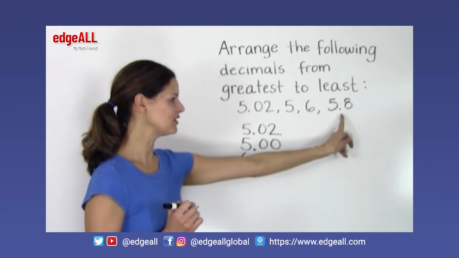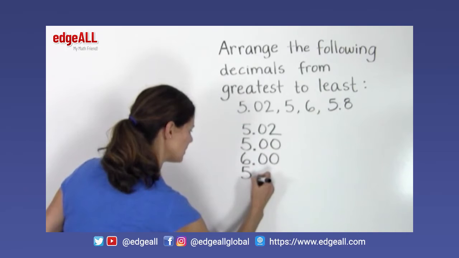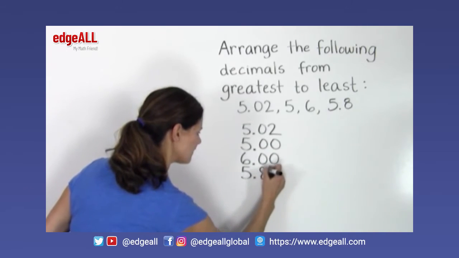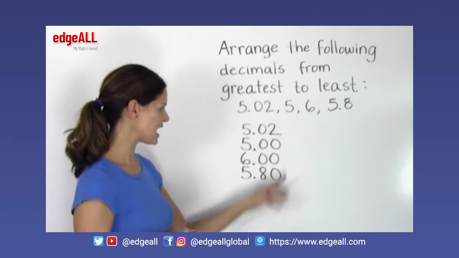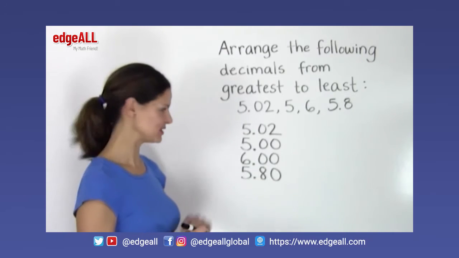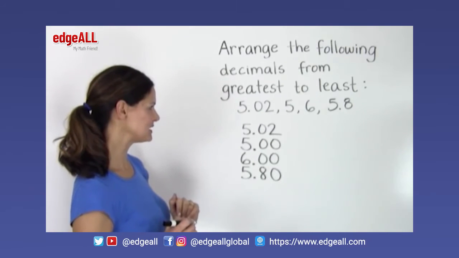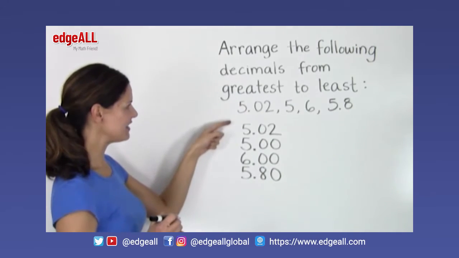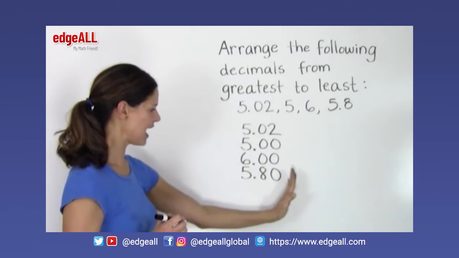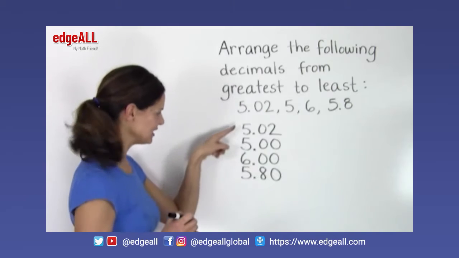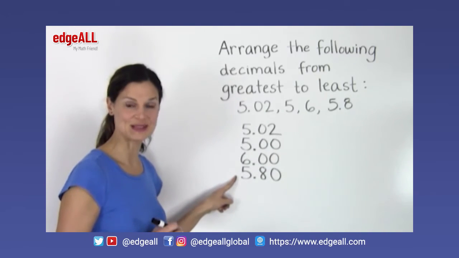Our last number here then is 5.8, and we'll line that up also with the decimals in order, and we're going to put one more 0 after the 8, so these all have the same number of digits after the decimal point. So let's look at our numbers. First of all, we can start from left to right, just like we did before, by looking at the numbers in our ones place.